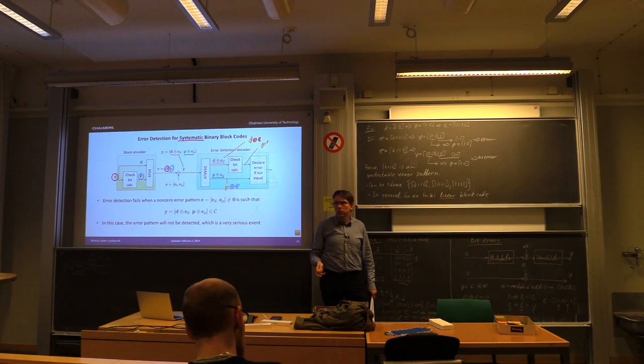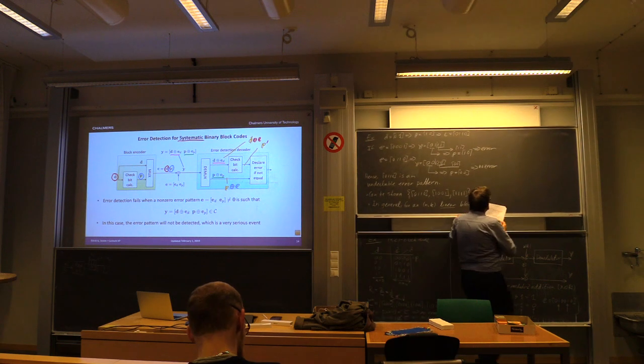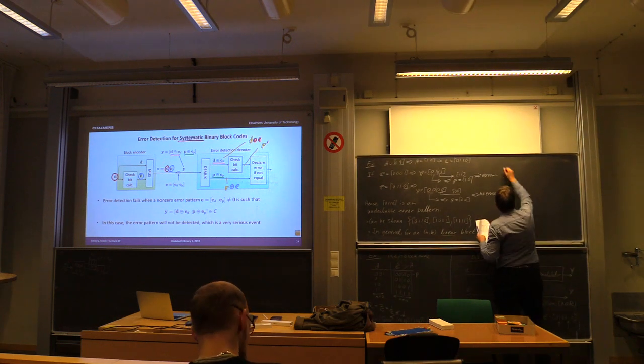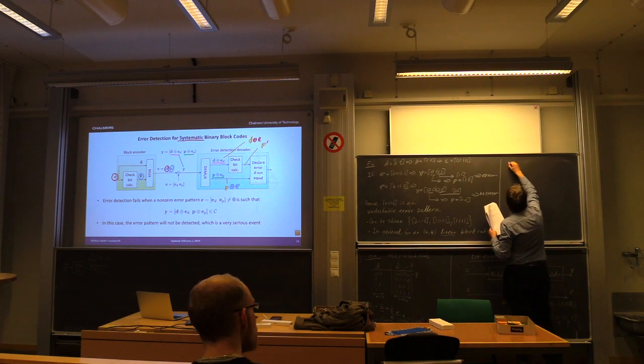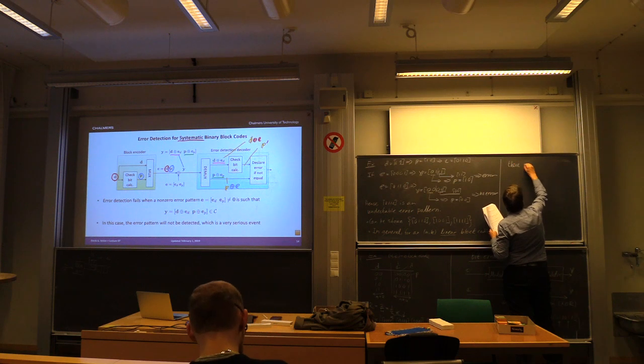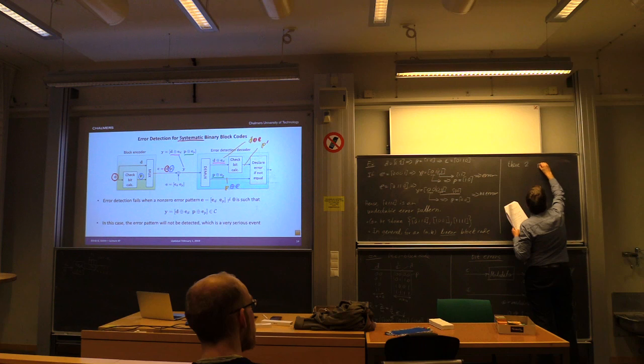It's a technical constraint. Most of the codes we use are linear. I won't tell you exactly what that means. It's not important at this stage. Okay. For this case, then there are 2 to something non-zero error patterns.